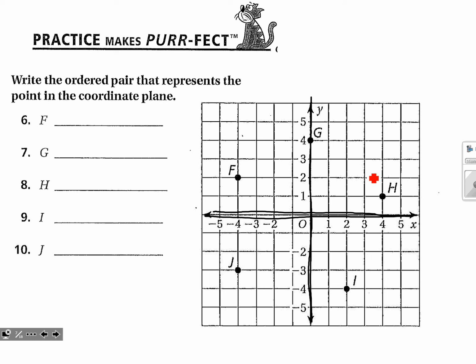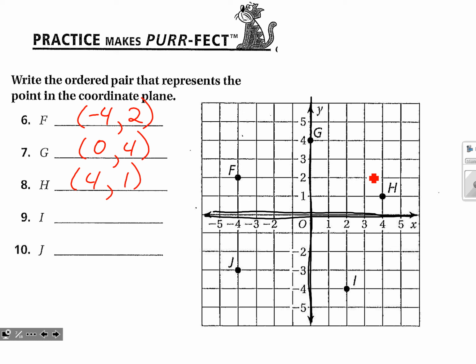For number 6, the answer for F, the coordinate is (-4, 2). For G, the coordinate is (0, 4). For H, the answer is (4, 1).